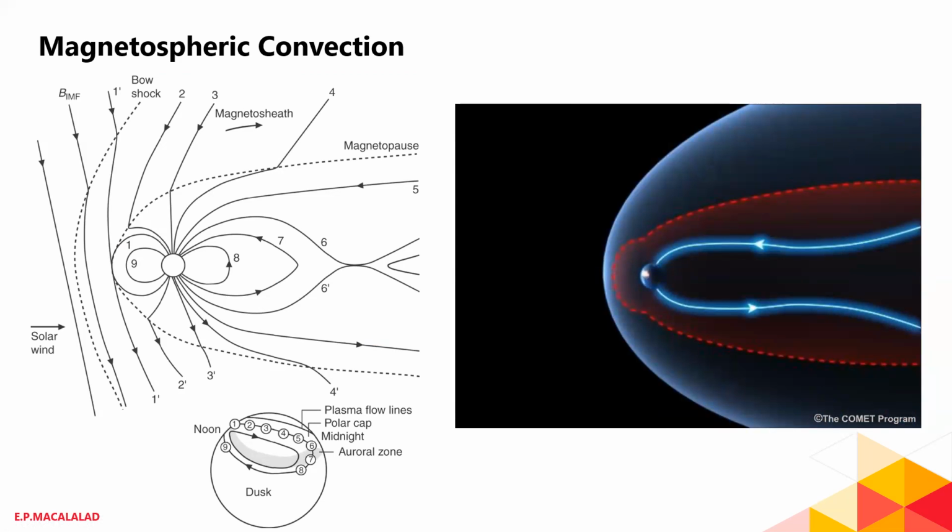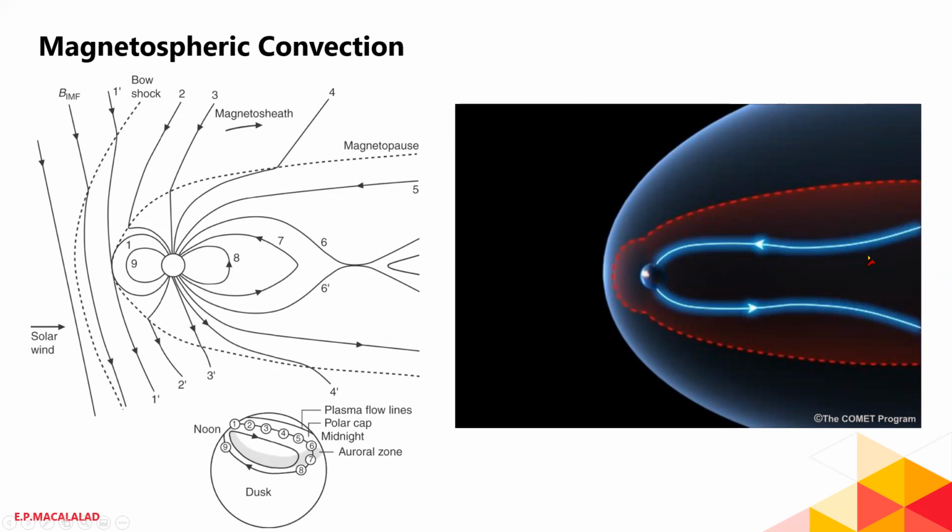Then it reconnects again on the magnetotail, because remember that this is also a plasma region, and this magnetic field line points opposite with respect to that magnetic field line.